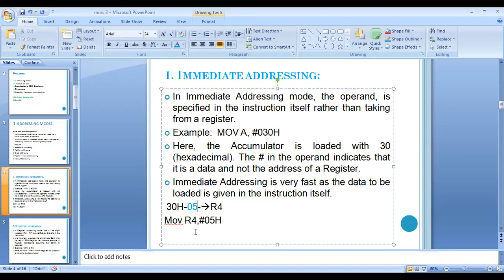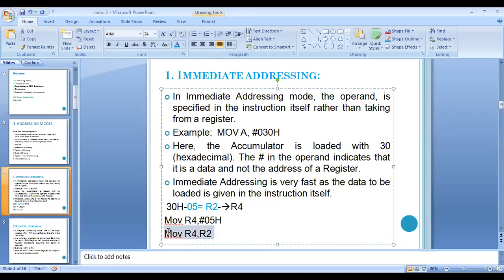So I have to first copy this 05 value into some register, for example R2 register. So how can I now write? Move R4 comma R2. Is it okay? Means first I have to copy this value into the register, and then I have to write the name of the register where that value is stored.